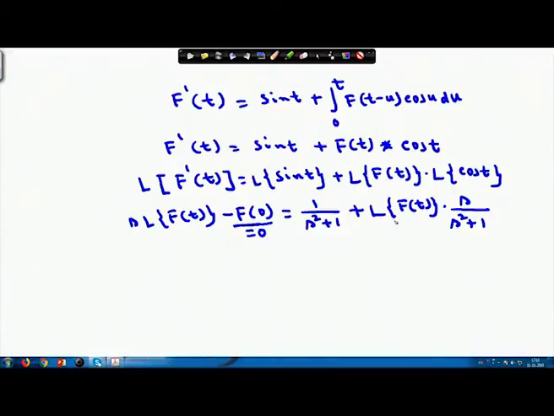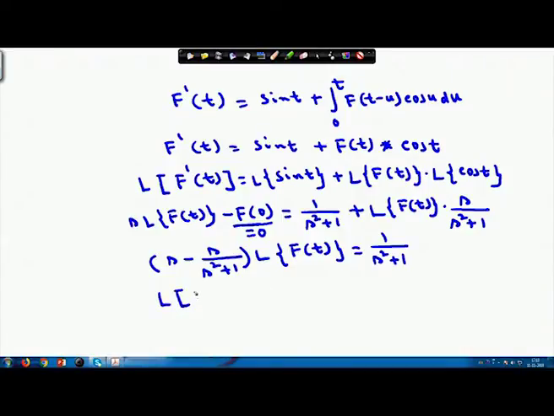Now if I take the Laplace transform of f(t) common, I will obtain (s − s/(s²+1)) times the Laplace transform of f(t), and this equals 1/(s²+1). On simplification you will obtain the Laplace transform of f(t) is 1/s³.